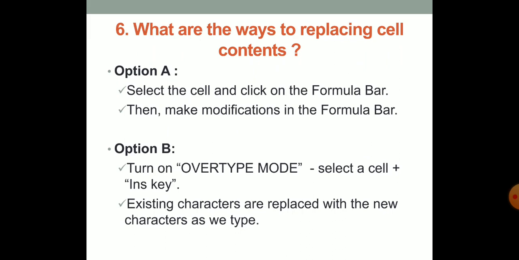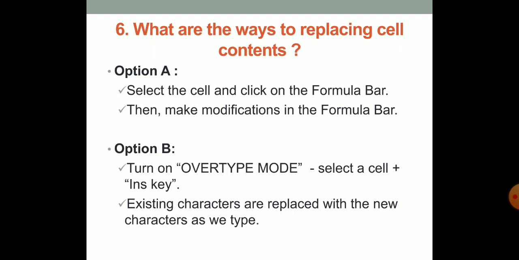The moment I start typing, it will replace that 1, 2, 3 in overtype mode. So in overtype mode, you select the cell with the contents and you press the insert key. Now you can type the new contents such that the new contents will directly replace the old existing contents. So these are the two ways. Either you click on the formula bar and start typing or you can use this overtype mode.